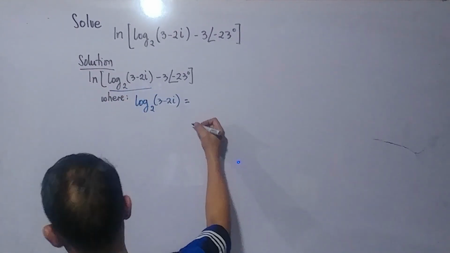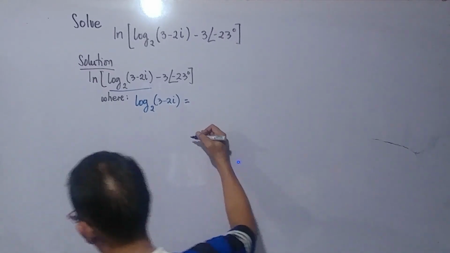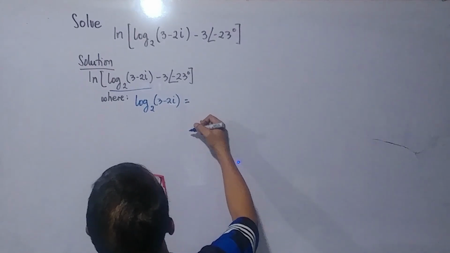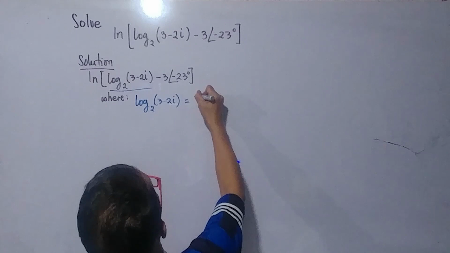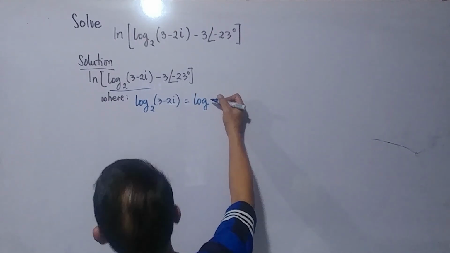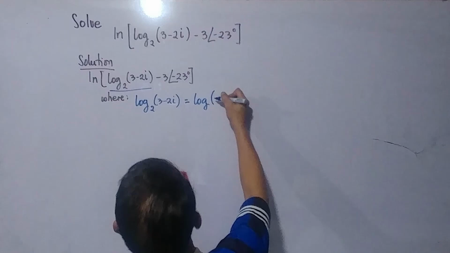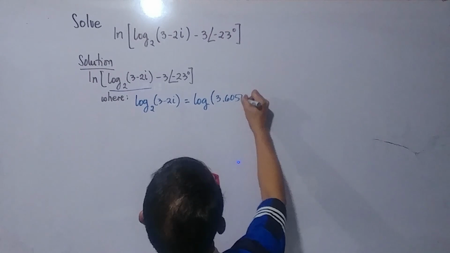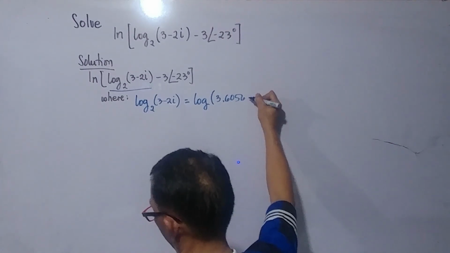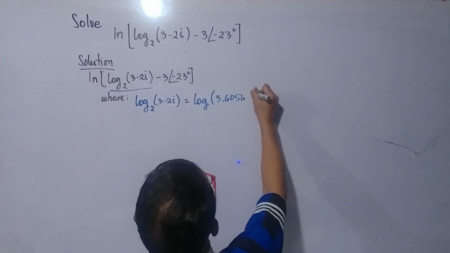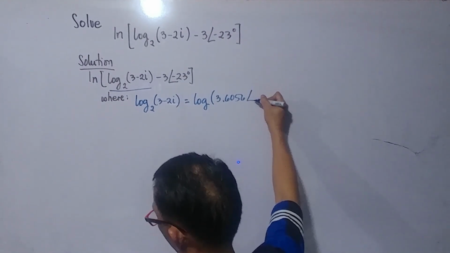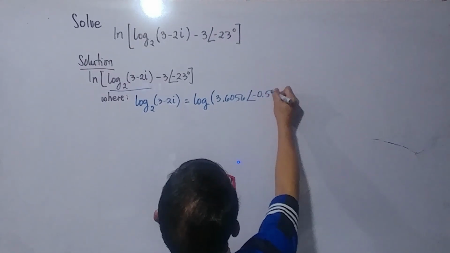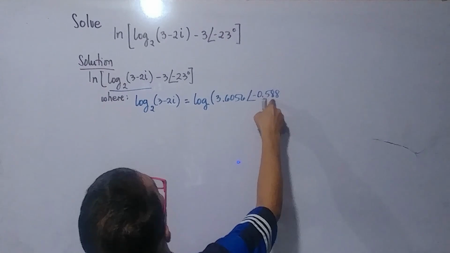Ito muna. So we have the logarithm of r 3.6056 angle negative 0.588. So this is radian.